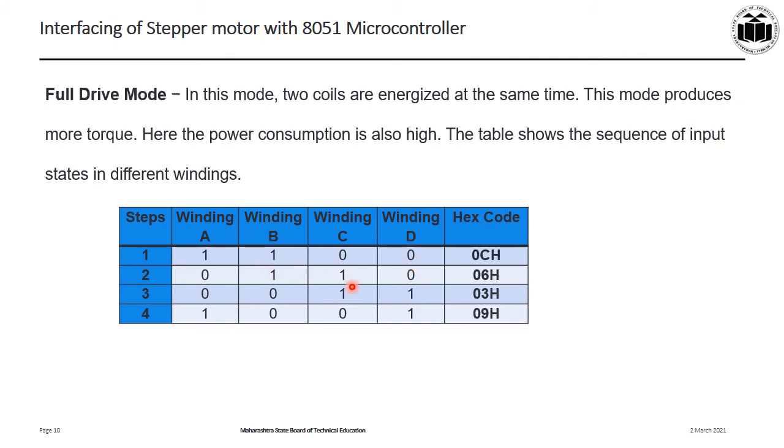Then B and C are energized. Then C, D are energized, and then D and A is energized. And this can be written as a hex code, C639. This is the sequence for clockwise rotation of stepper motor. Reversed, it will give anti-clockwise rotation.